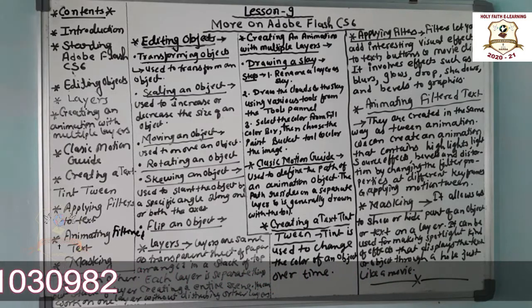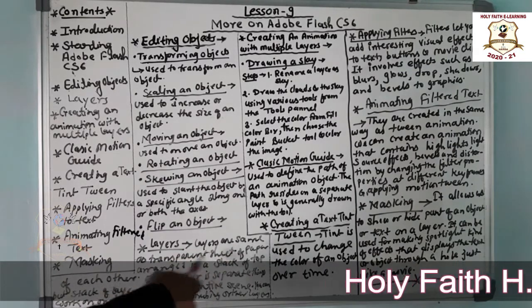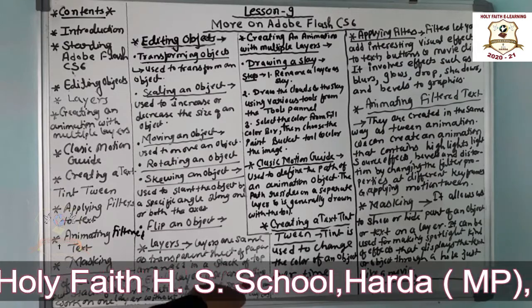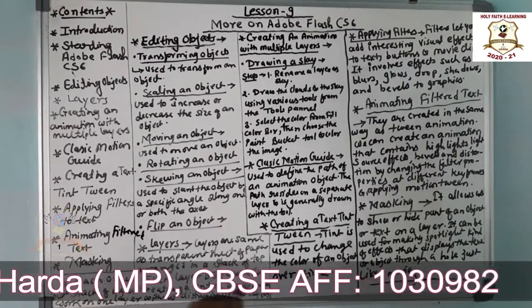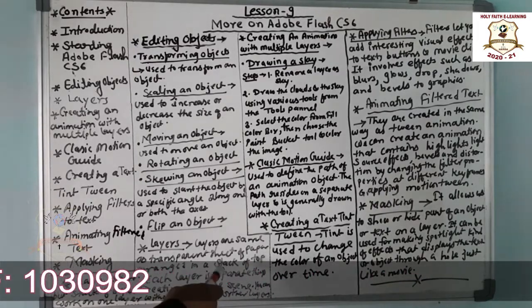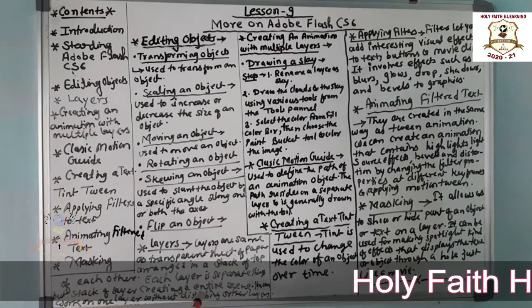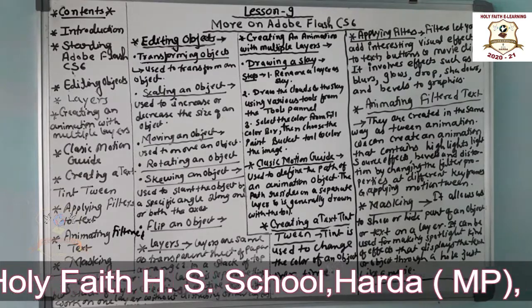Okay, now the second topic is layers. Layers are similar to transparent sheets of paper arranged in a stack on top of each other. Each layer is a separate thing, but when you stack layers, each with drawings on them, they can create the entire scene.